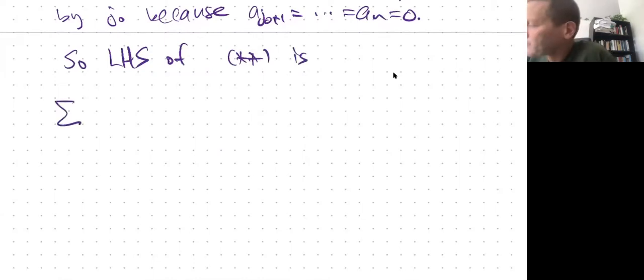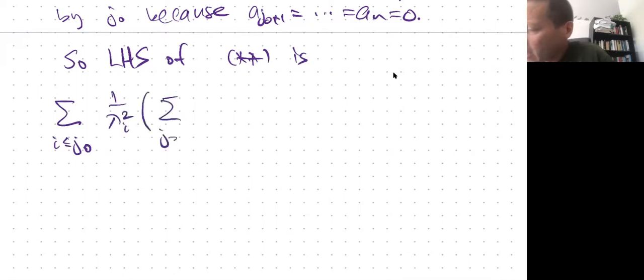It's the sum over i less than j0 of 1 over lambda i squared. I'll write everything down and then I'll go over it slowly.